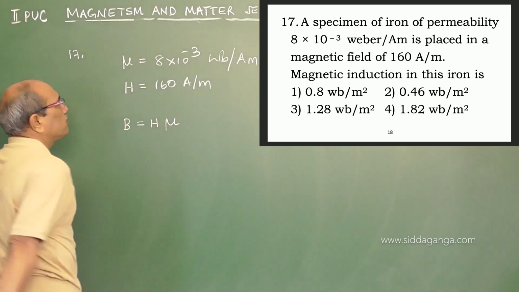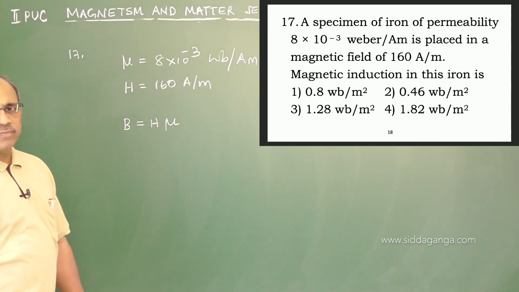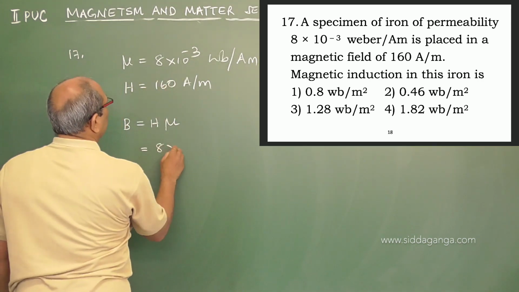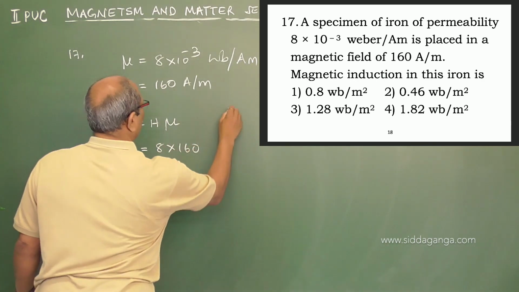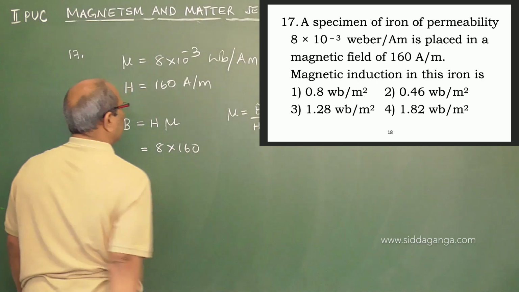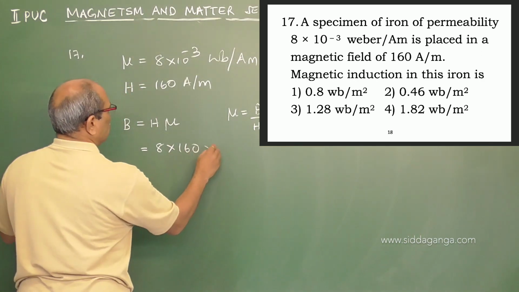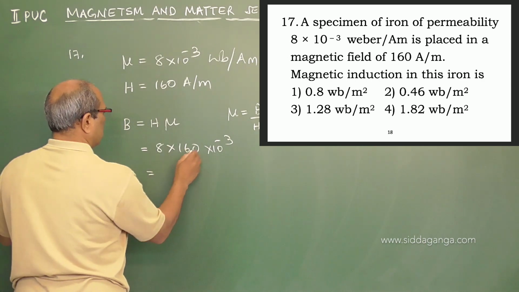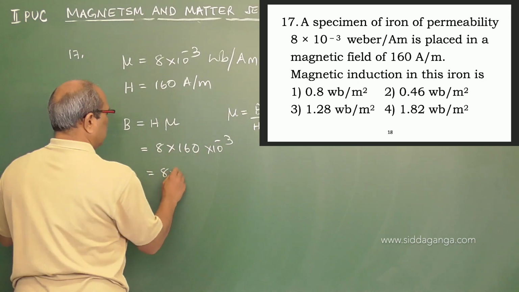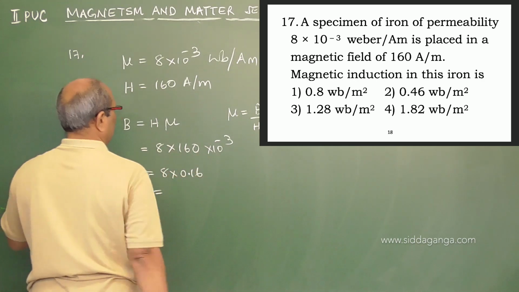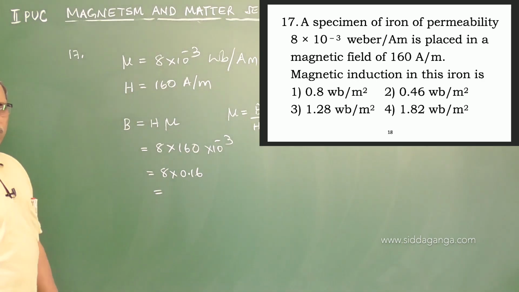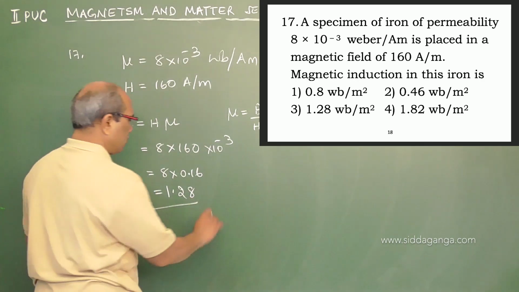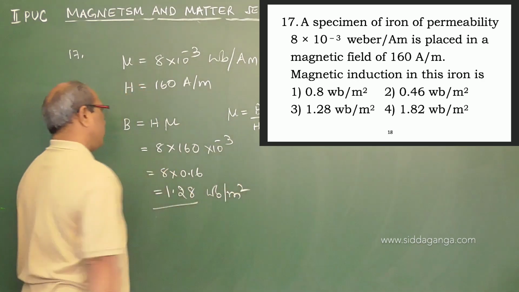B is H into mu. This is 8 into 160 into 10 power minus 3, because you know mu is equal to B upon H. Taking these 3 digits, 8 into 0.16 is 1.28. The value of B is 1.28 Weber per meter square.